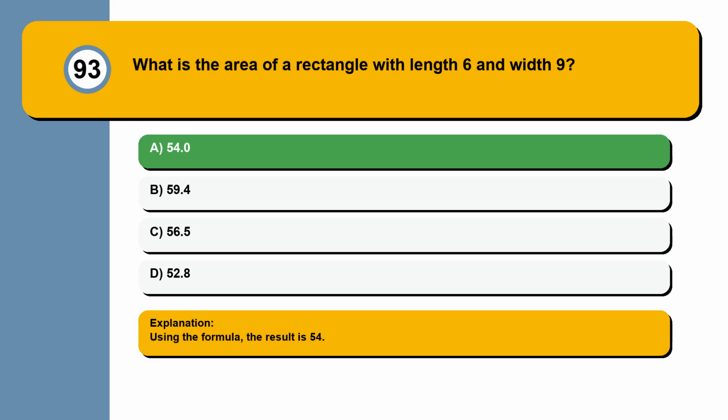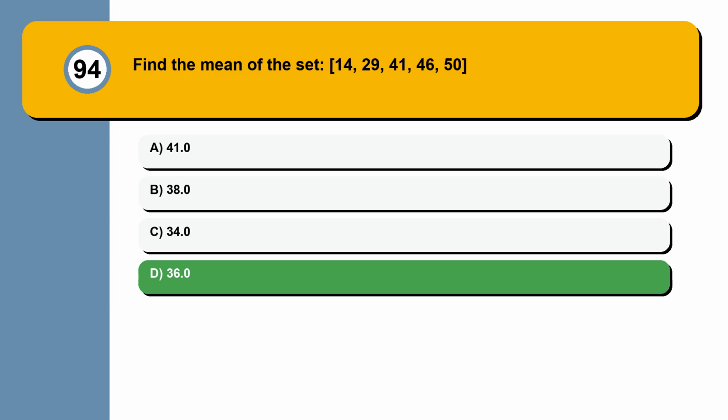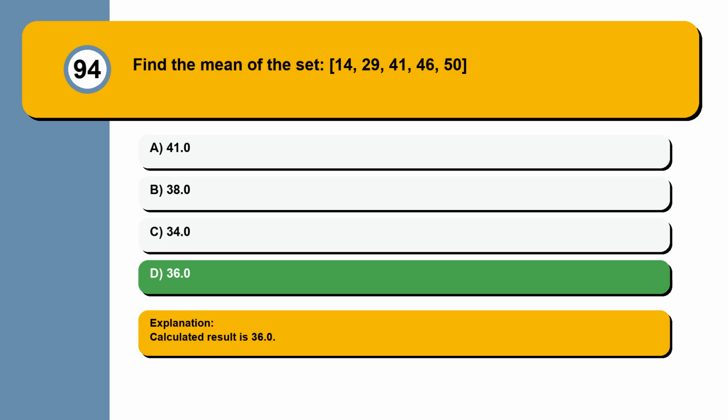Using the formula, the result is 54. Question 94. Find the mean of the set 14, 29, 41, 46, 50. 41.0, 38.0, 34.0, 36.0. Calculated result is 36.0.